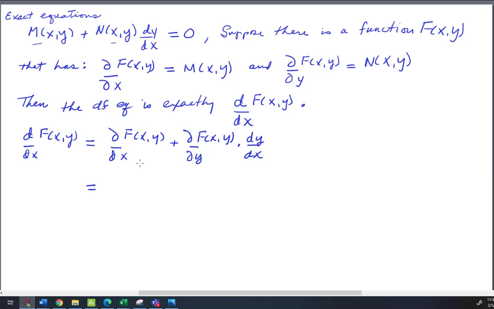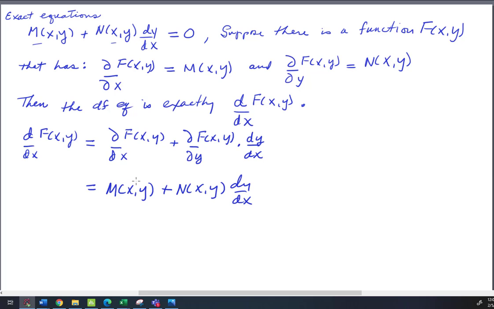But under the assumptions, let's suppose there is a function f of x, y somewhere, and it has this property. The partial of f with respect to x is m, so this would be m of x, y, plus, and it also has the property that the partial of f with respect to y is n, so this is n of x, y, and then dy dx. So the differential equation is exactly the derivative of f, and hence these are called exact equations.